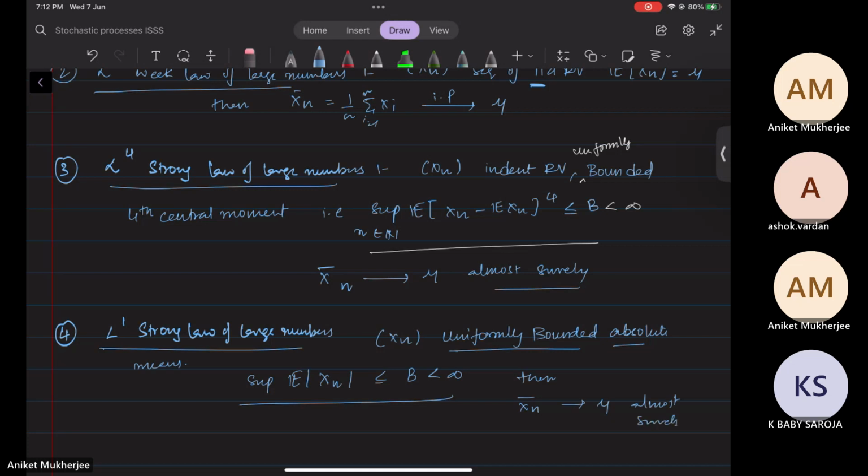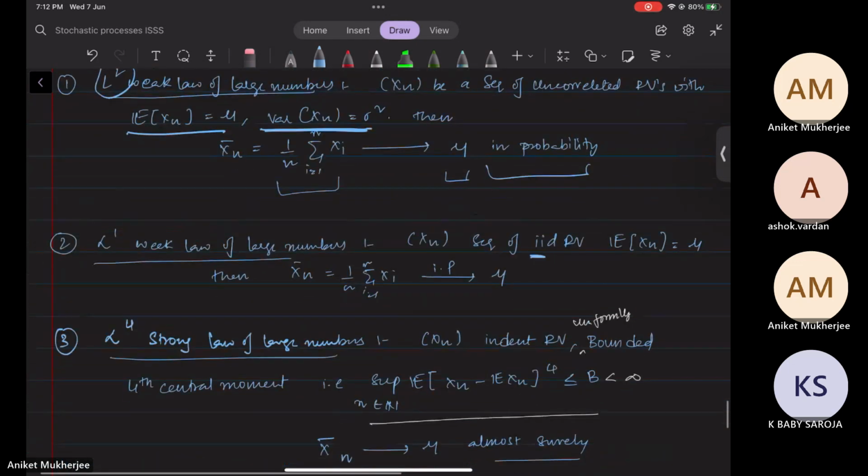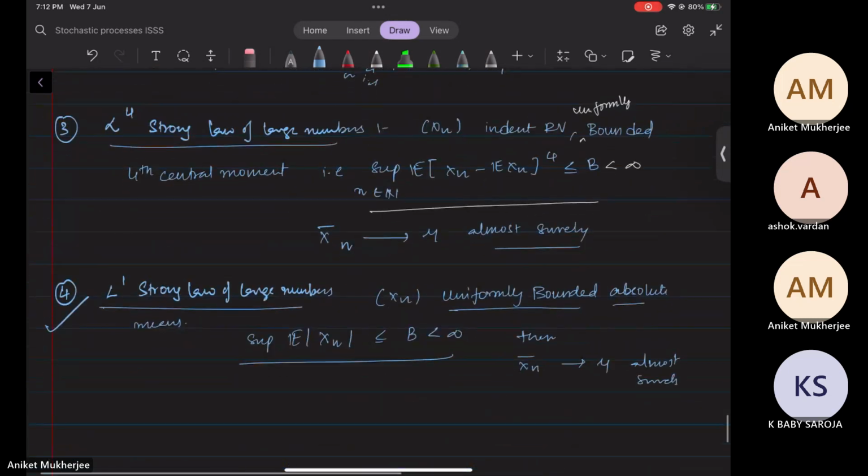When people say strong law of large numbers, they mean this. These are weaker conditions, but if this is satisfied, then you can see that all the rest of them are also satisfied.